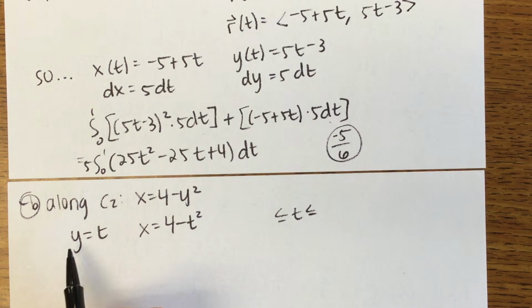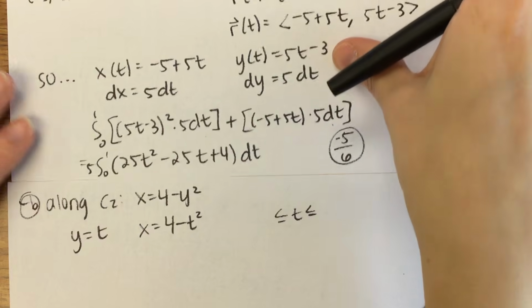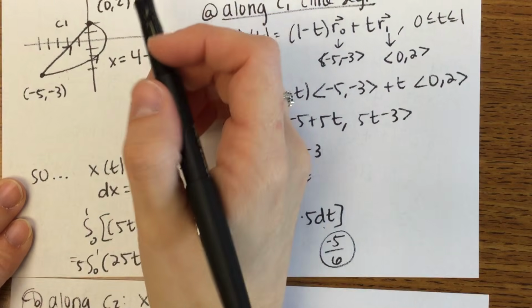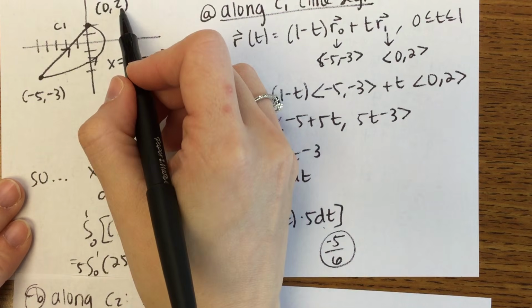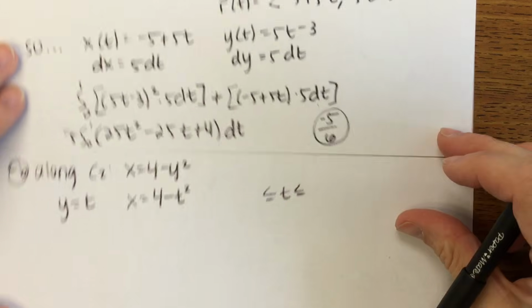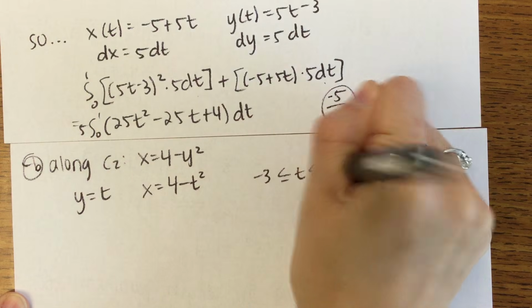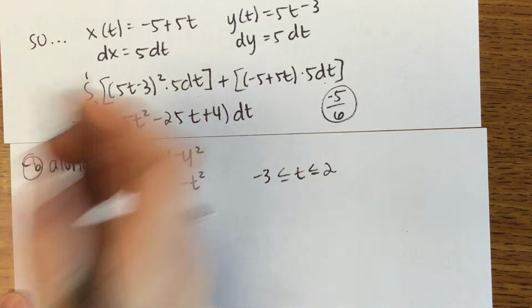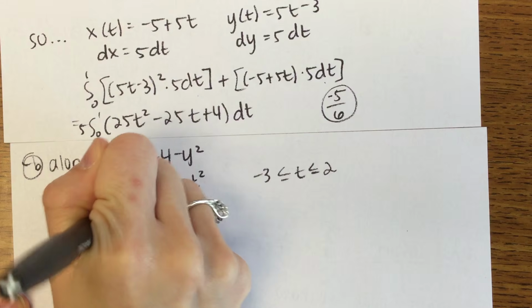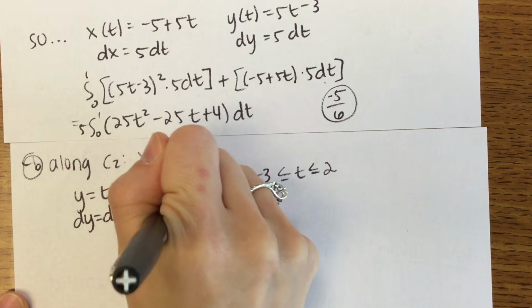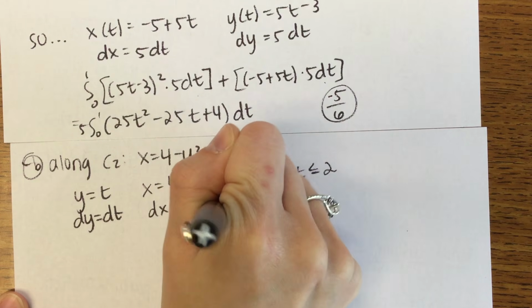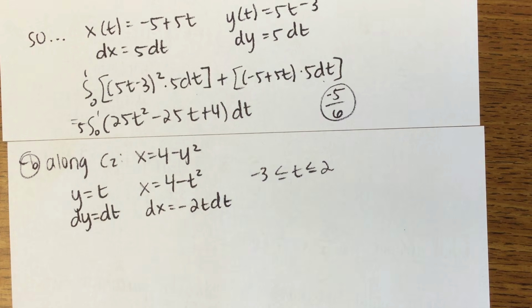Well, t is based on y. Based on our figure, y goes from negative 3 to 2. So t then will be from negative 3 to 2. dy is equal to dt, and dx is negative 2t dt.